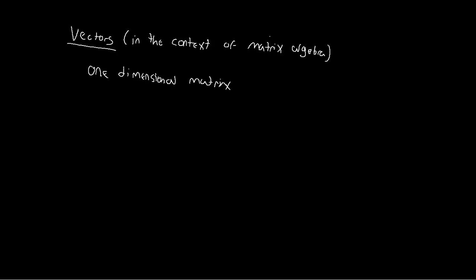What do I mean when I say one-dimensional matrix? Well, this means one of two things. As I said before, either the m or the n in our dimension notation is 1. What does that actually mean?